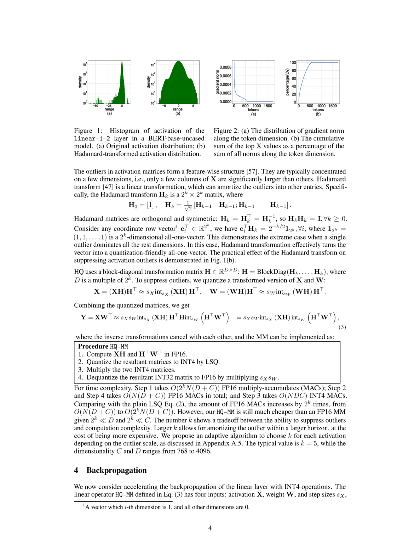There is a trade-off between the ability to suppress outliers and computational complexity. A larger value of k allows for more distributed amortization of the outlier, but at the expense of increased computational complexity. Therefore, we suggest an adaptive approach to choose the value of k for each activation depending on the scale of outliers. Typically, we find that k equals 5 is a reasonable choice, with dimensions c and d ranging from 768 to 4096.